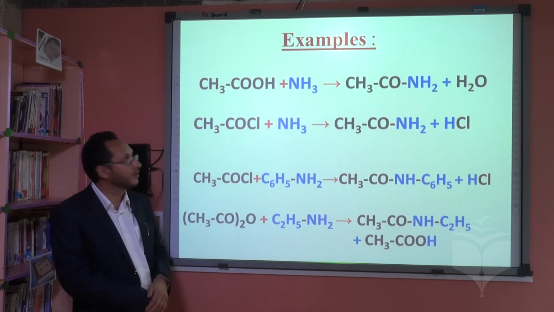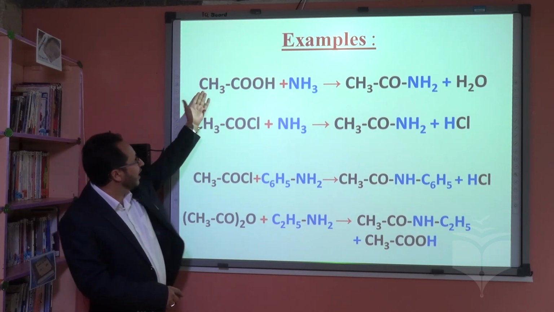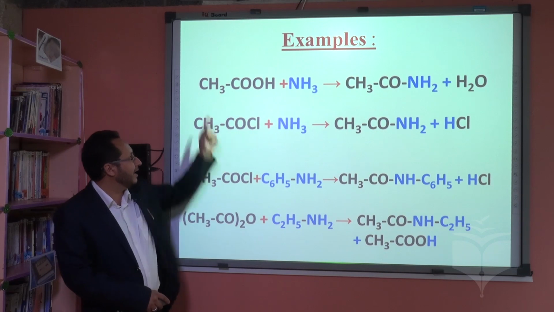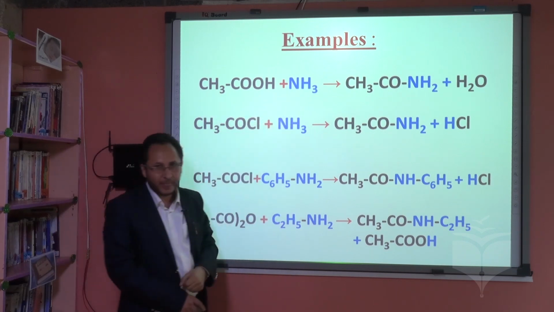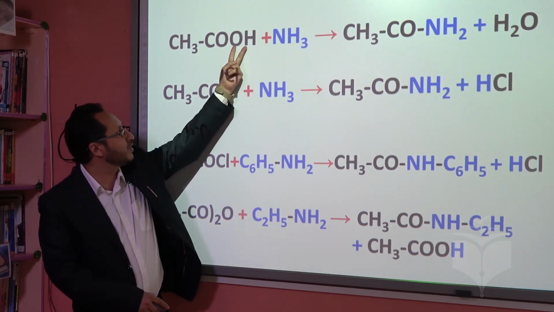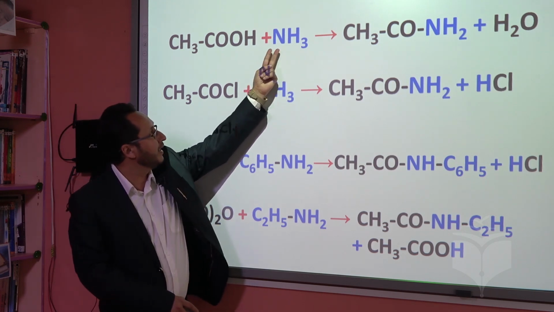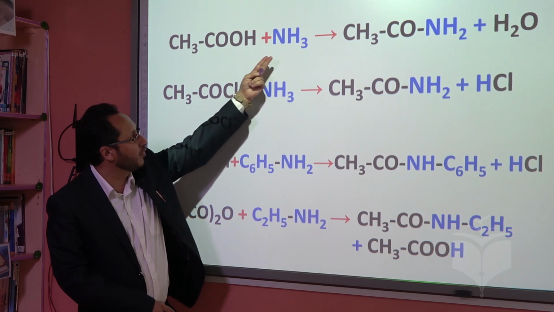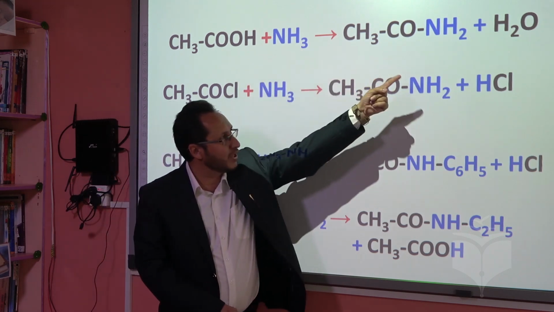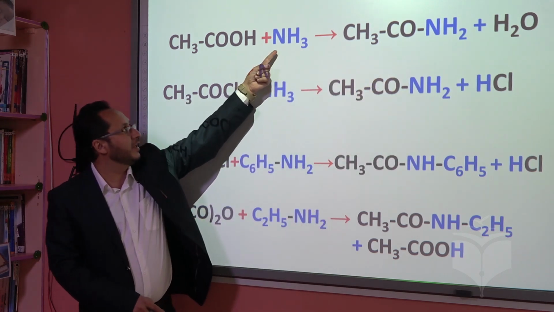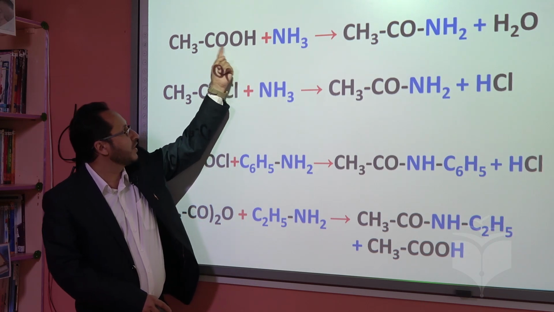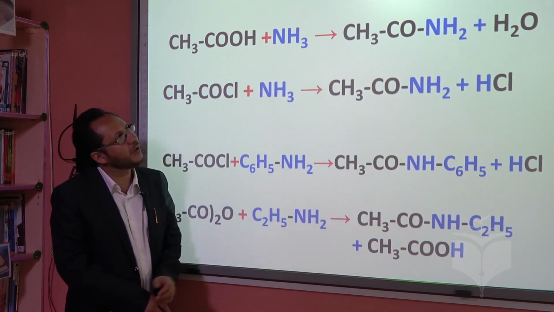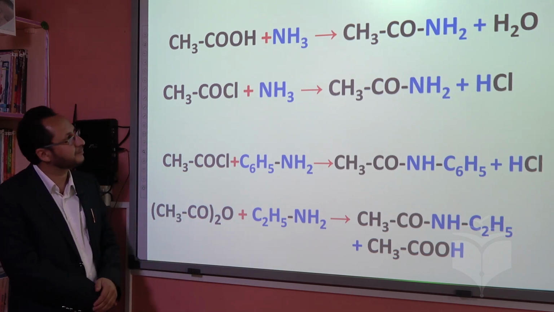Now examples. Instead of the R you have to write CH3, so this is acetic acid. Acetic acid with ammonia, you just have to replace this OH by NH2. We remove OH with H, so it is H2O, and you have to join NH2 with CO, so we have CH3CONH2, which is acetamide.